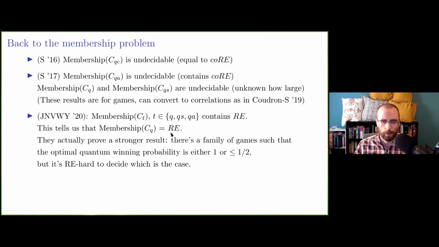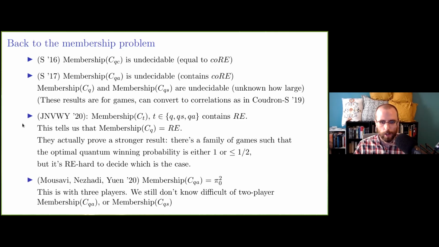So it's not possible for the Connes embedding conjecture to hold. And this is how they actually proved this. They proved it by proving the membership problem is undecidable. They actually prove a stronger result, which I'll just skim over here. So it's by considering this membership problem that they were able to separate the sets.